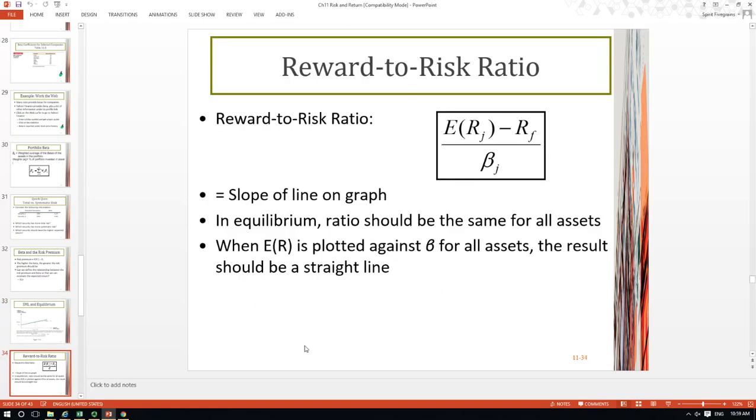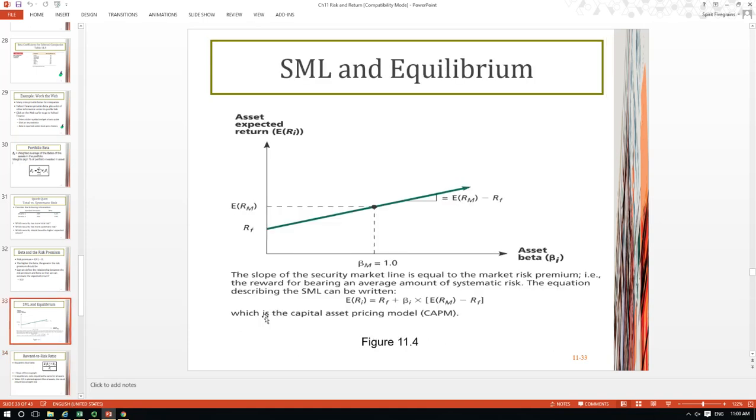In equilibrium, this reward to risk ratio should be the same for all assets, right? It's for all assets, because if you want to earn higher return, then you have to bear more market risk, which can be measured by beta. And by saying equilibrium, we believe that asset prices are fairly priced.